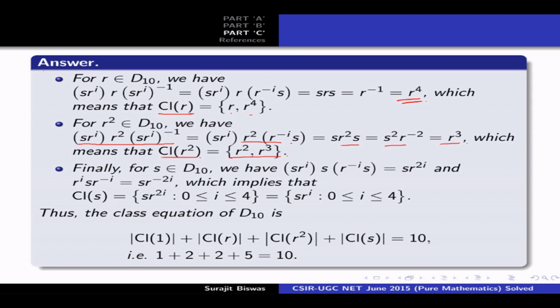So all the r powers have now appeared in the previous conjugacy classes.